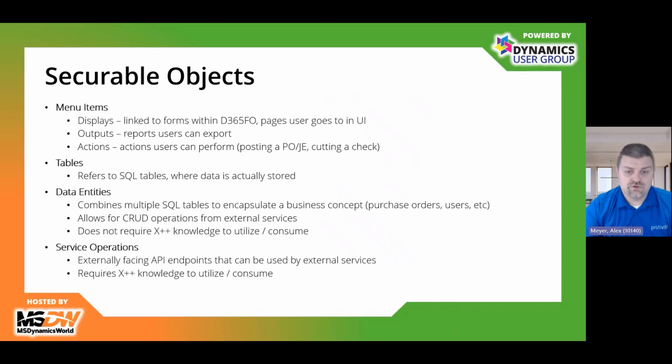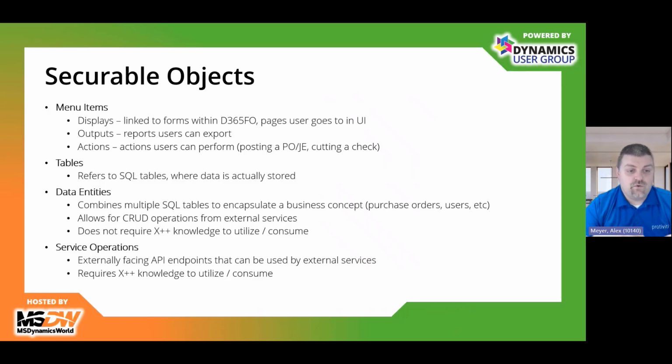So things like purchase orders or users, right? Those actually exist across a number of different tables behind the scenes. And so to make it easier for an end user to actually interact with these, we have these data entities that allow you to interact with purchase orders or users without having to understand the structure of the tables behind the scenes.